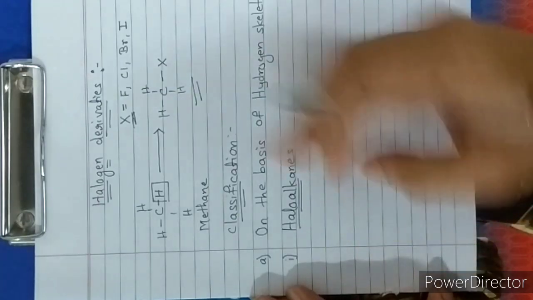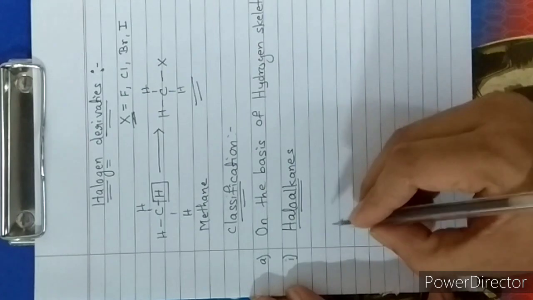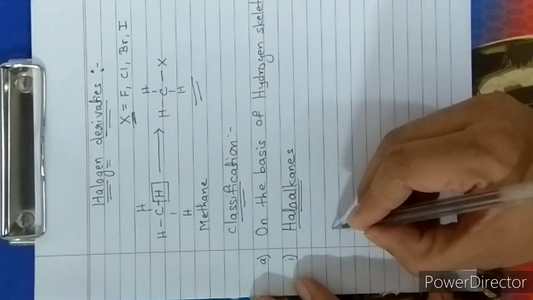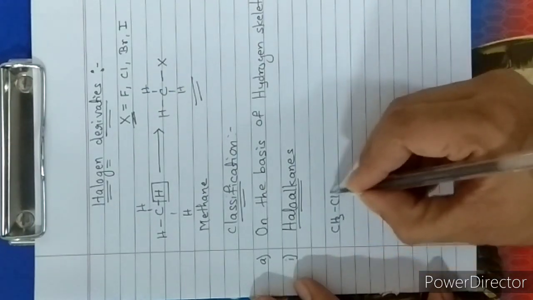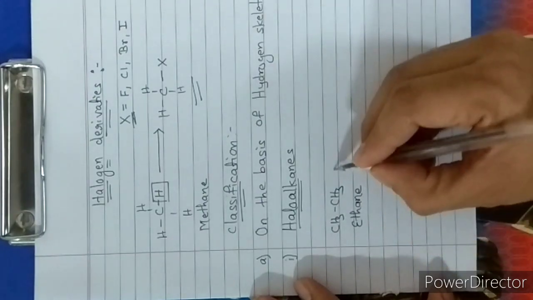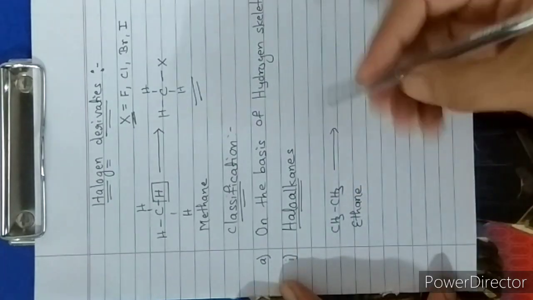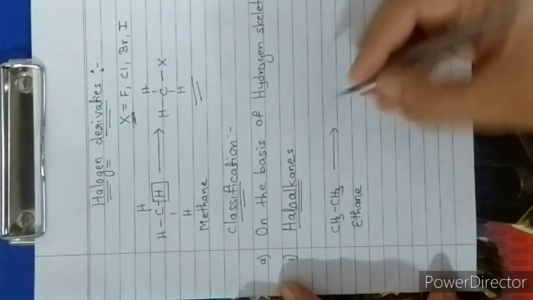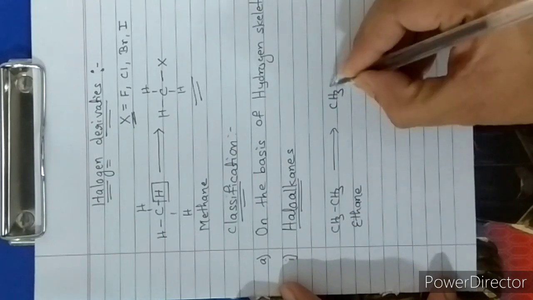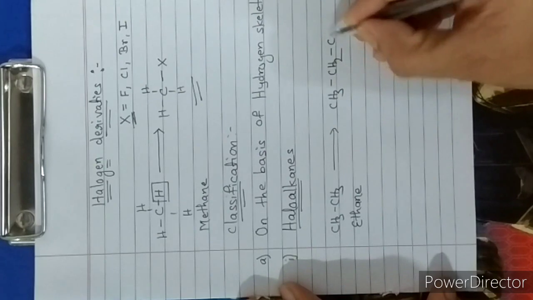First, haloalkane. As I explained here, it's the same thing. I take any alkane. For example, I take CH3CH3. This is ethane. Again, I replace one of the hydrogens by some halogen, right? Suppose that halogen is chlorine, so it will be CH3CH2Cl.